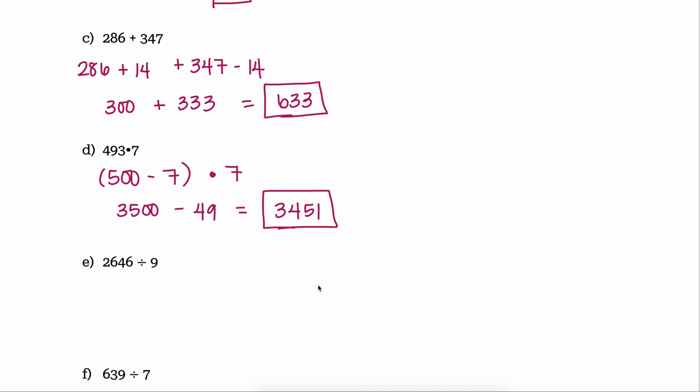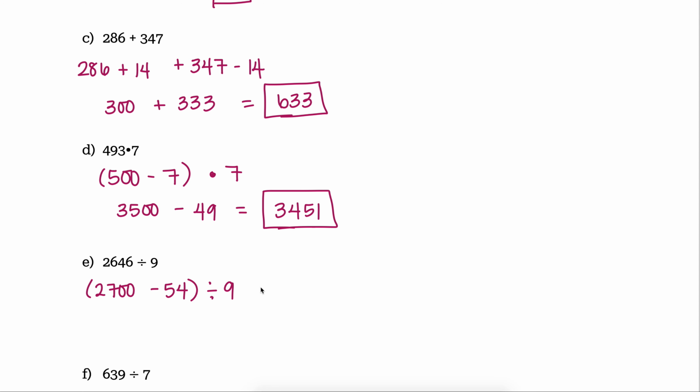We're going to do something very similar here with part E. I have 2,646 divided by 9. Now this one might be a little trickier because you may not see how I'm going to break this down initially, but 2,646 is the same thing as 2,700 minus 54. And you might think to yourself, well, what's special about 2,700 and 54?